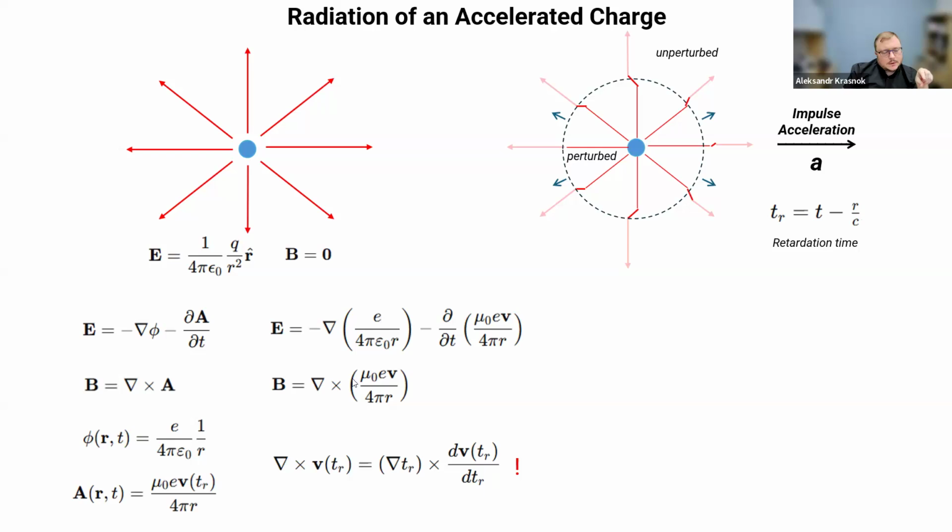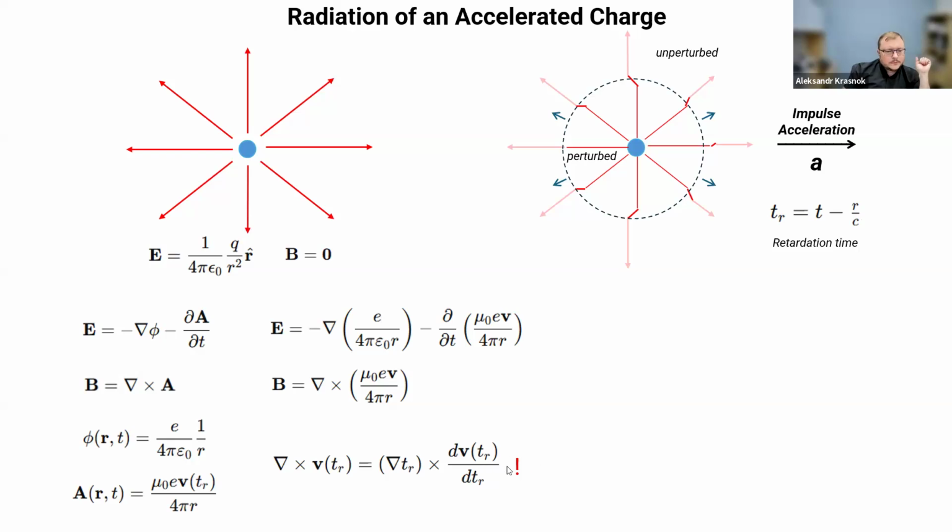And when we take the curl of the vector potential, we need to take the curl of the velocity, but at the retarded time, okay, which depends on r. So this curl of velocity is not just the spatial derivative of the velocity, it also includes the time derivative.